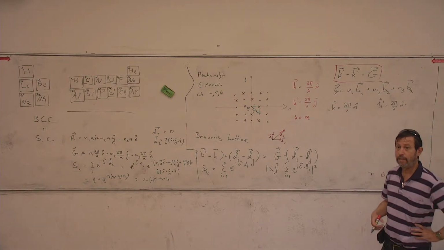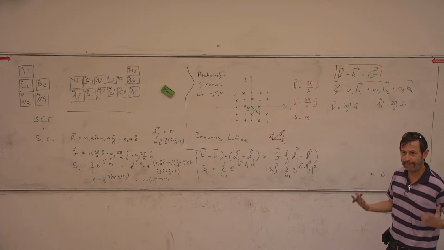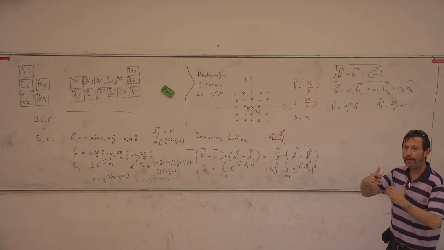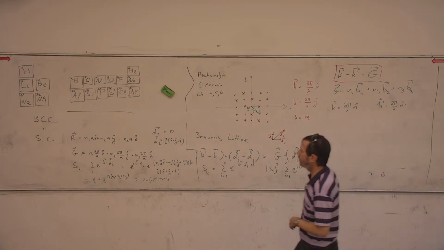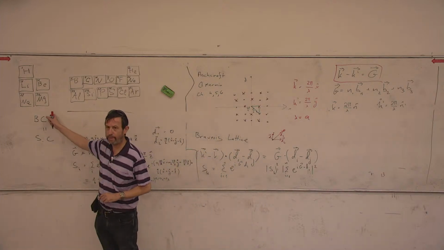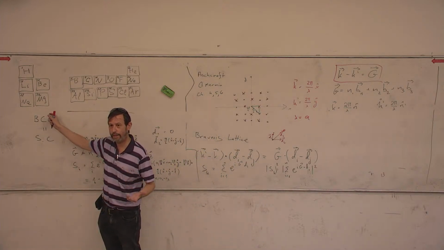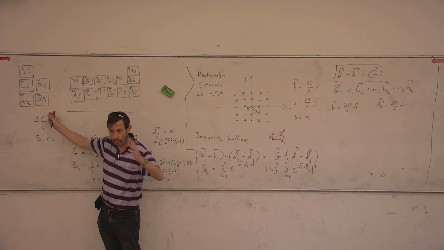Right. Why did we get that result? Basically, think about it. If I have BCC, the typical distance between lattice points is a over 2 in one of the dimensions.